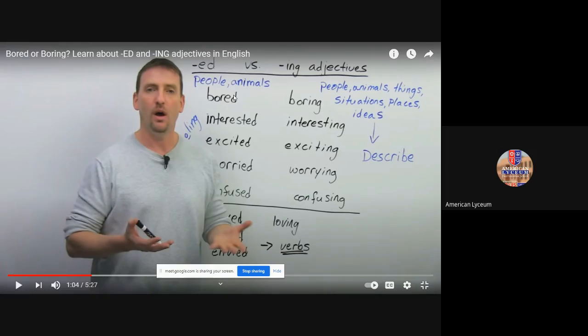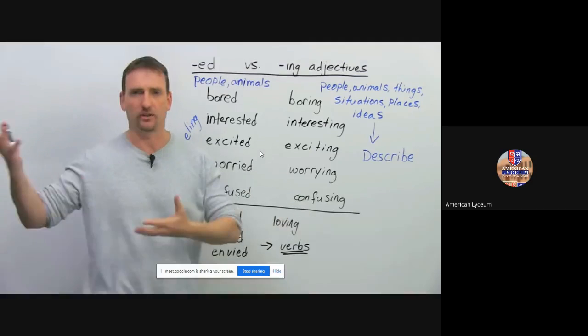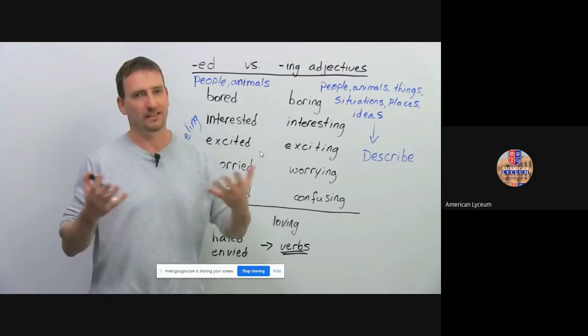Like some animals are really excited, worried, confused, scared, or some people are bored, interested, excited, worried, confused. But the adjectives that end with ing can be used with people, animals, things, situations, places, ideas. Why? Because things, chairs or tables or whatever, they don't have feelings. A movie, a book, doesn't have feelings.